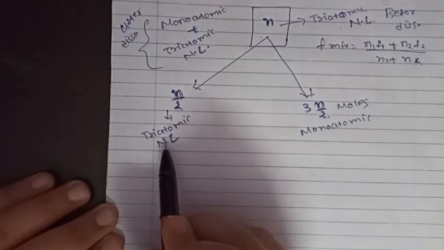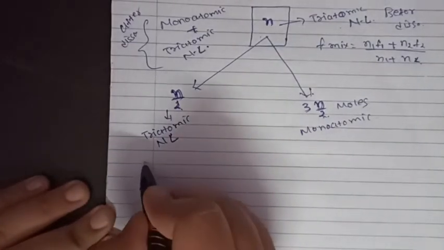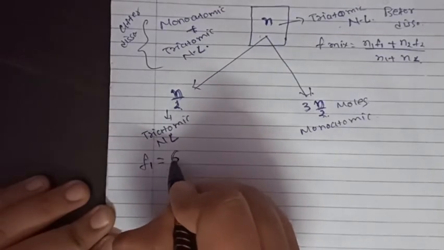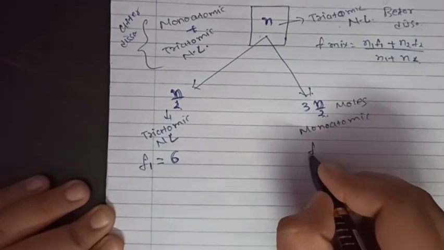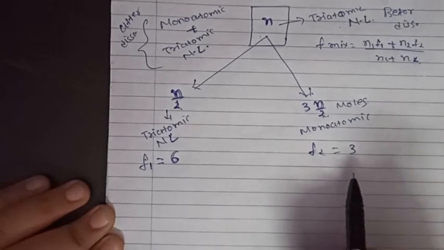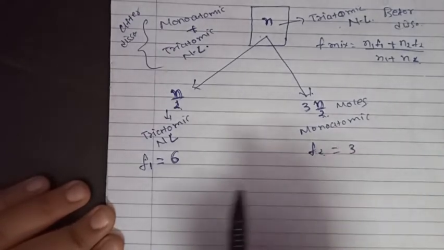The degree of freedom for triatomic non-linear, let's say this is F1, that is equal to 6, and degree of freedom for monoatomic we are considering only translational mode, so F2 will be equal to 3.